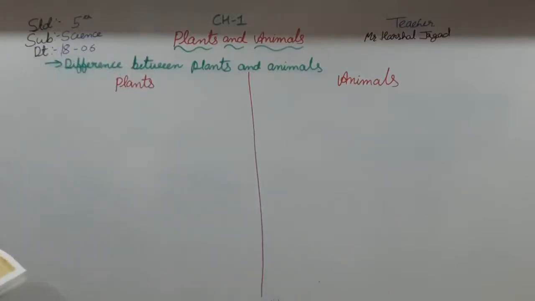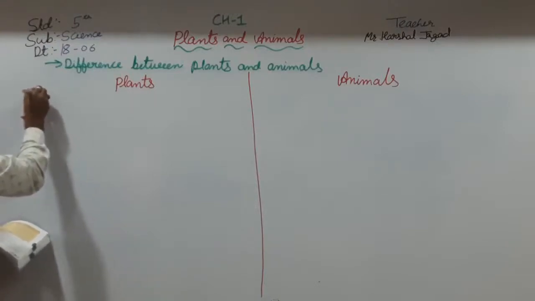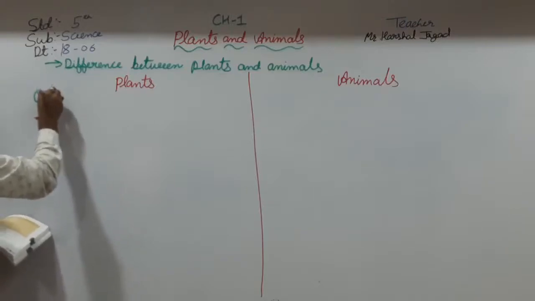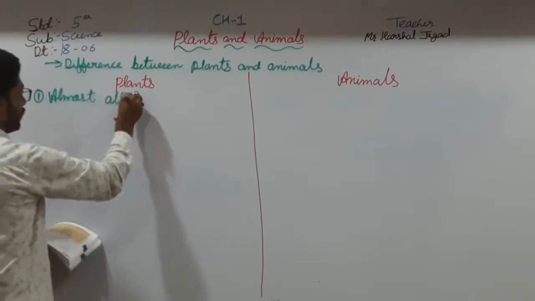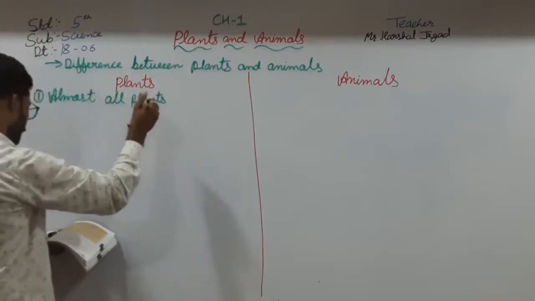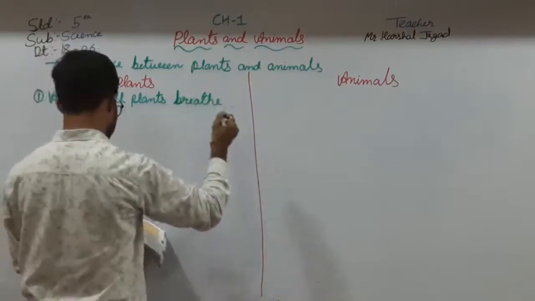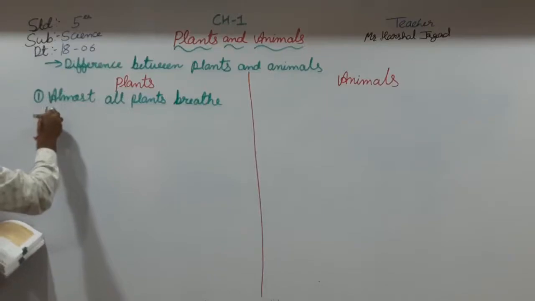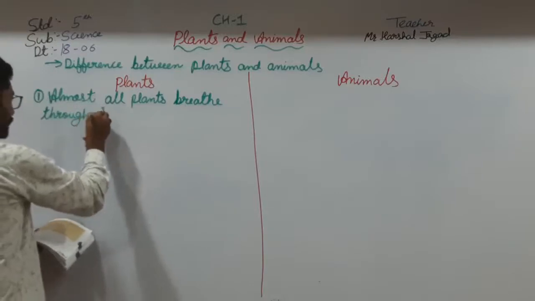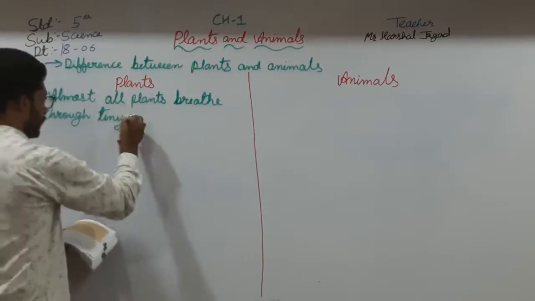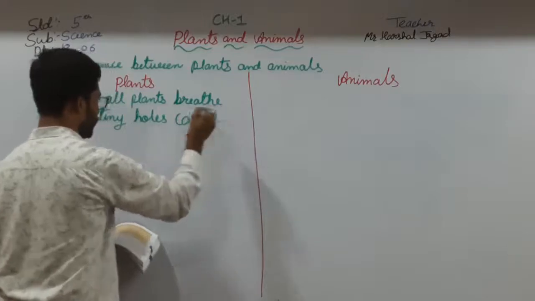So the very first point was almost all plants breathe through their tiny holes called stomata.